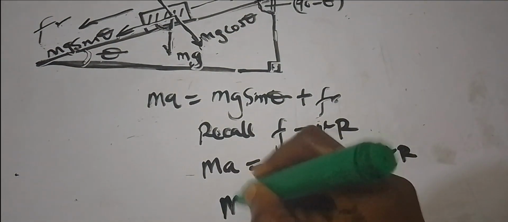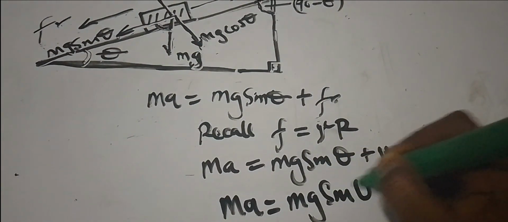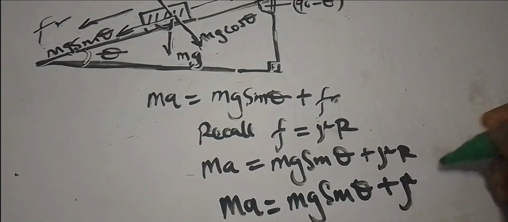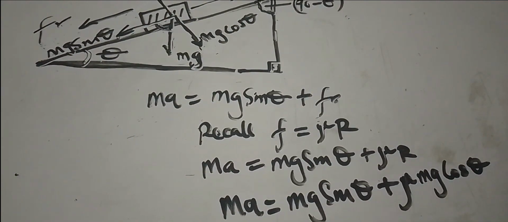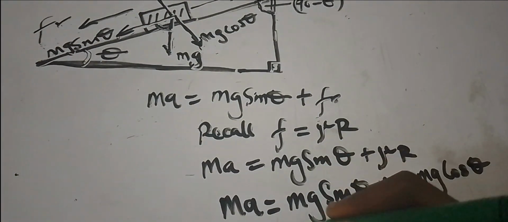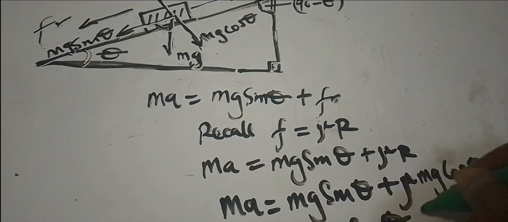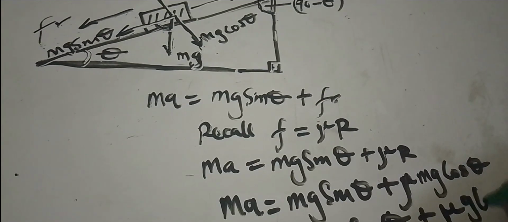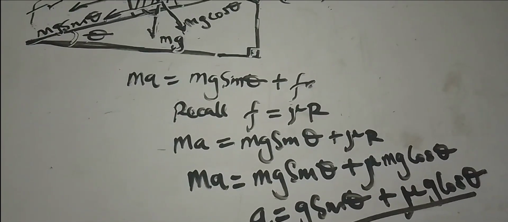So we can say ma equals mg sine theta plus mu mg cos theta. Let's factorize with m. So our acceleration will now be g sine theta plus mu g cos theta.